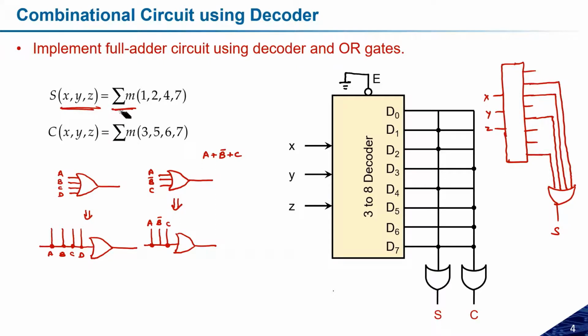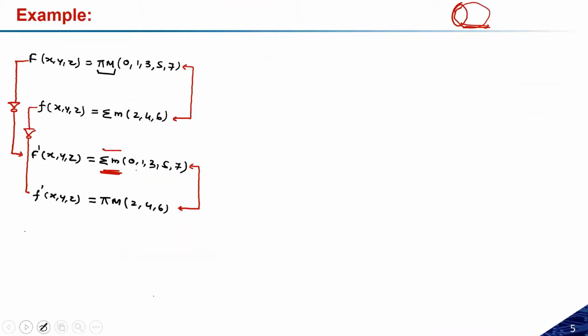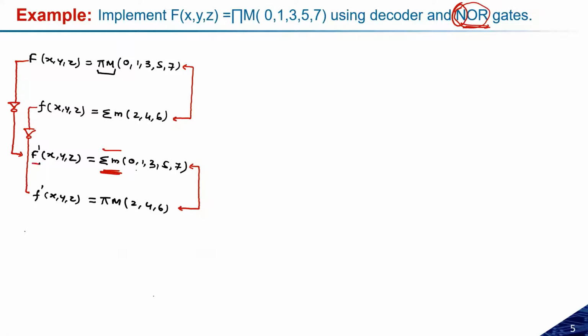But now, because I have to design the circuit with the help of NOR, I need a NOR gate over here, and if I need a NOR gate, I need the complementary function, not the direct function. I need at least the complement, so I need F bar, and I also need the SOP form. So this equation is valid and can be utilized to design the circuit.